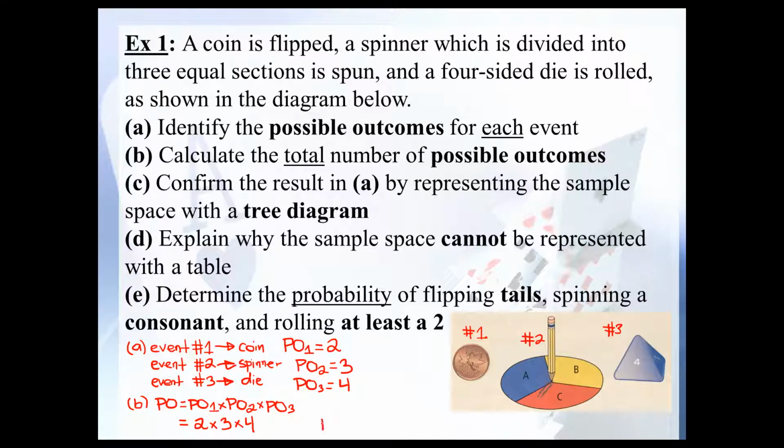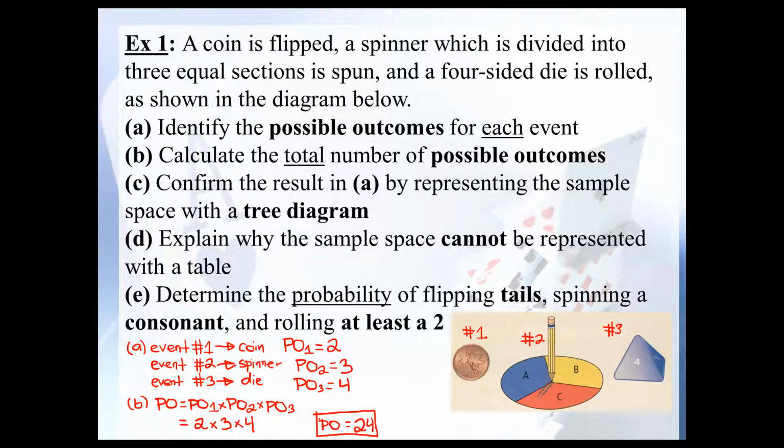And then all I need to do is multiply all those different numbers together. So 2 times 3 would be 6, and then 6 times 4 would be 24. So without even drawing a table or a tree diagram, I can actually calculate the number of possible outcomes just by multiplying the number of possible outcomes for each independent event together.